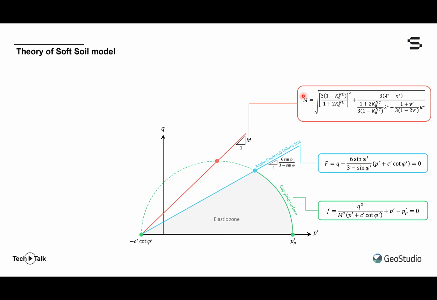We see in this relationship that it's somewhat awkward, but in it we recognize the coefficient of earth pressure for the normally compressed state, and that is of course at rest. We also see the two modified indices referred to on the previous slide, and also in this relationship is Poisson's ratio, nu prime.